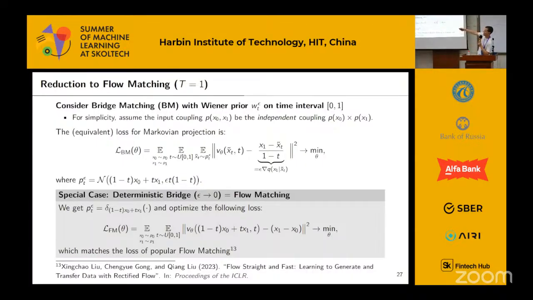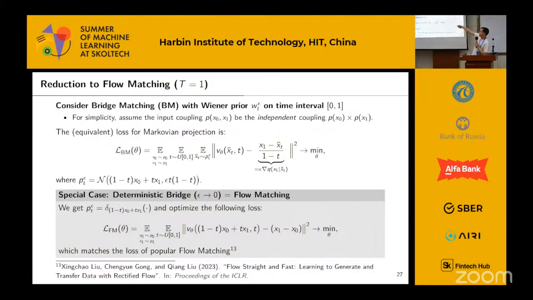We sample a point from the input distribution, then we sample a point from the target distribution, and then we sample from the bridge. The bridge looks like a normal distribution, centered at the same point as our interpolant is centered for flow matching, but with some variance.